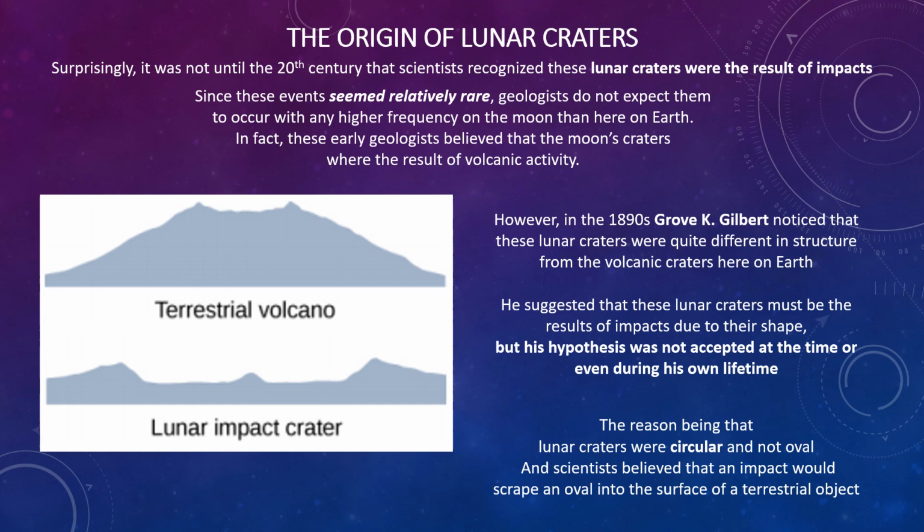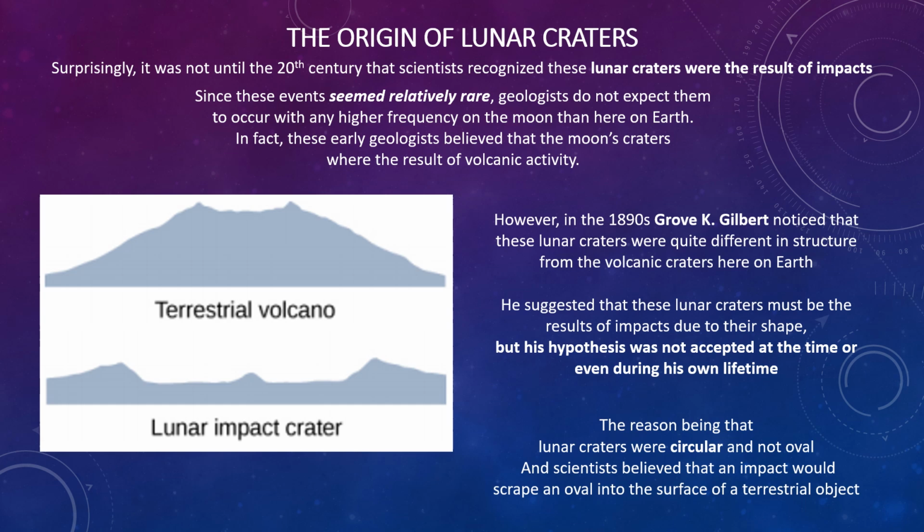However, the terrestrial volcanoes that we know have very much smaller openings, very small calderas compared to the size of lunar craters. And also, lunar craters have a bit of a bump in the middle due to the fact of it resulting from an impact.